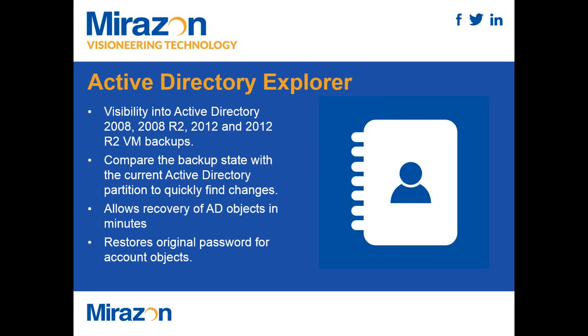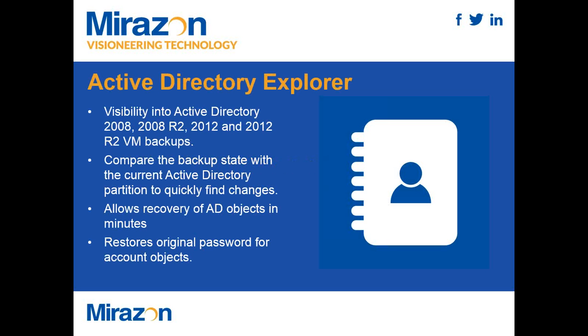All right. So moving on to Active Directory Explorer. We've all been through the, hey, we deleted a user, we deleted a group, and we know how painful it is to sometimes recreate Active Directory with a lot of memberships and a lot of groups. So Veeam heard this as a problem, and they came up with this nice Active Directory Explorer. We get visibility into Active Directory, supports 2008 and up.